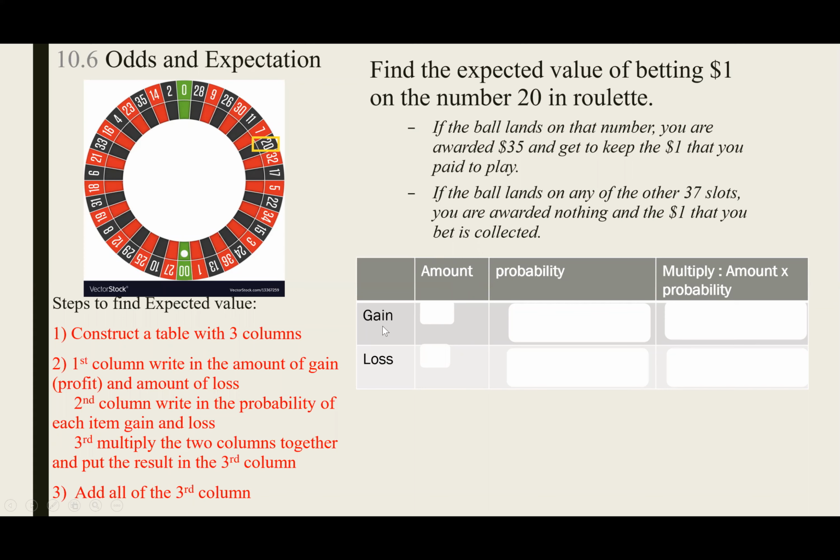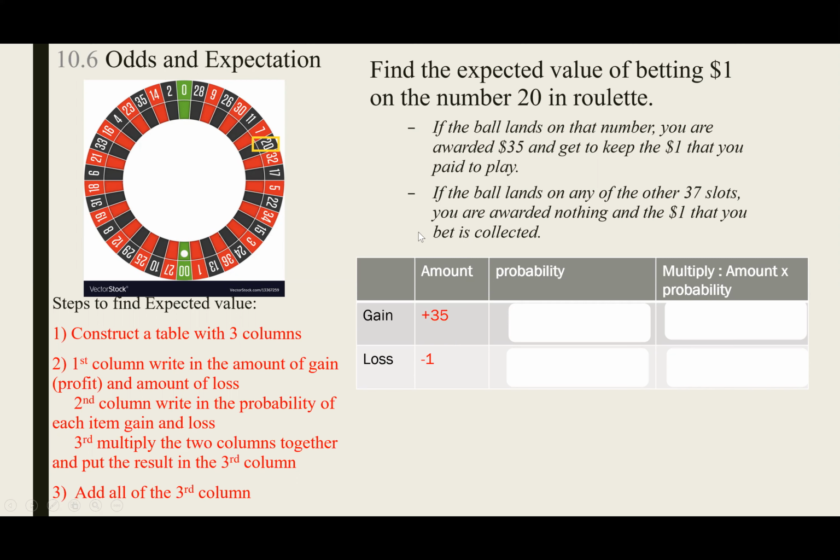So in this case, for this particular game, my gain, I put in positive because I gain $35. Again, I win or profit $35. And my loss, I will lose $1, right? If the ball lands on anything else, I will lose $1. My loss, I put in negative. My gain, I put in positive.